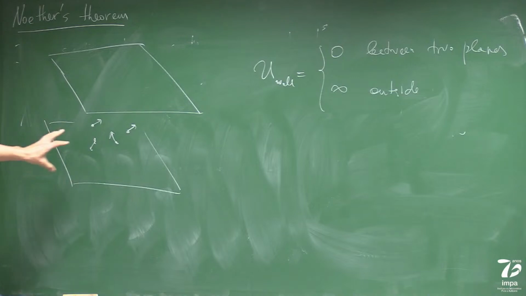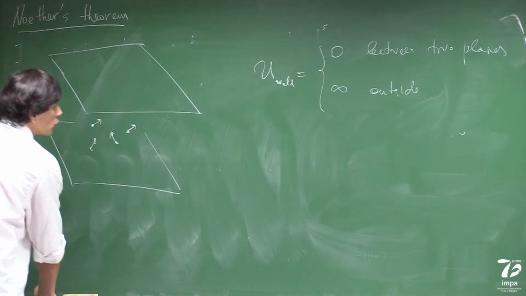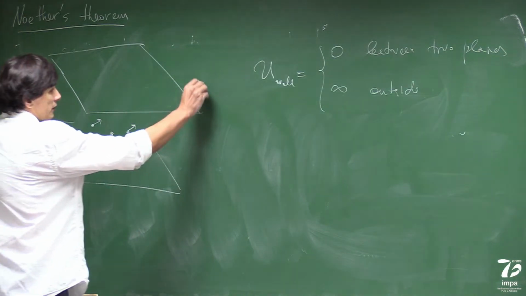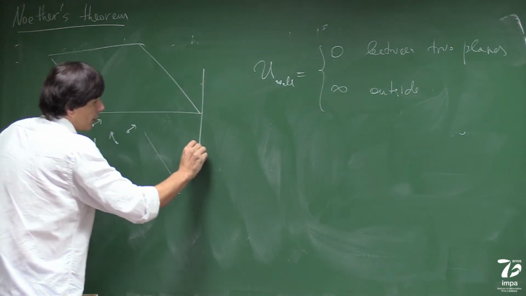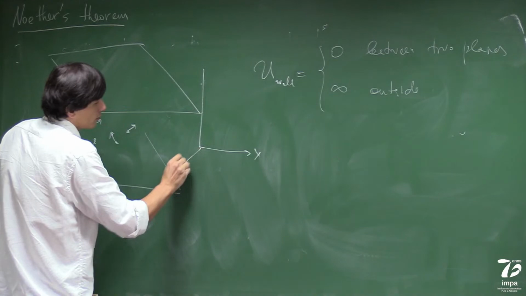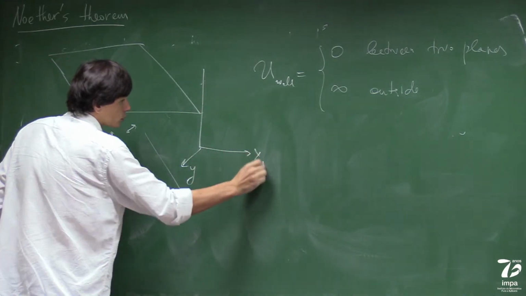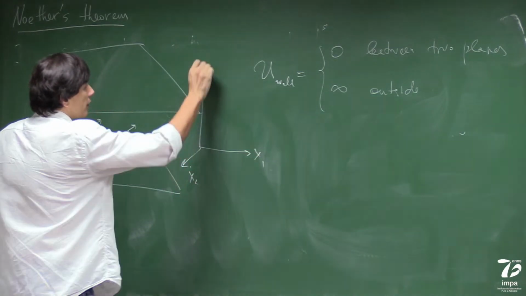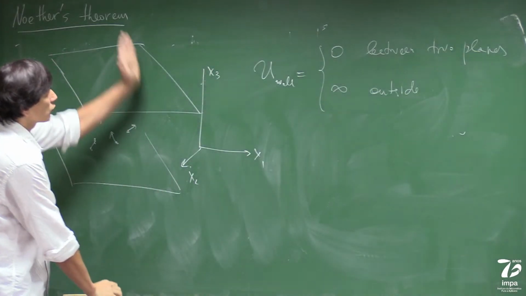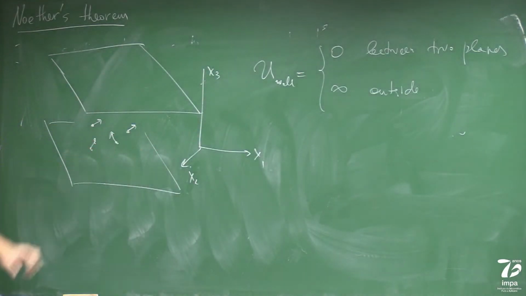So we have this system, and let's write. So we have x coordinates along the planes, x1, x2, x3. So x3 will be orthogonal to x1, x2 along the plate. So let's see which components of the linear momentum will be conserved first.